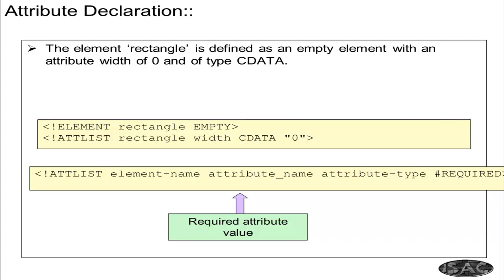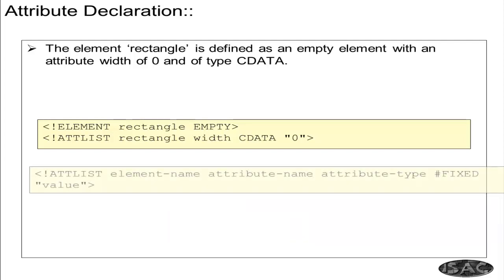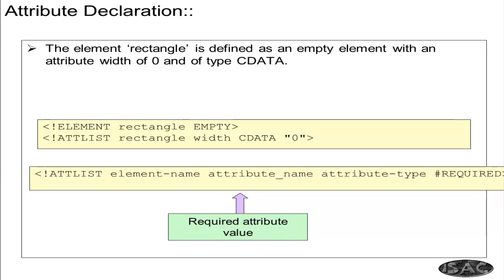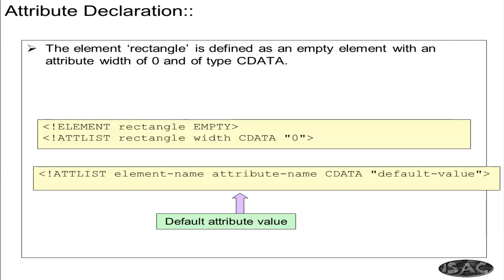Now you can have a required attribute value or an implied attribute value. So when you say attribute name, it could be a required attribute value or implied attribute value, it is up to you. So let us go here. Here there is a default attribute value.